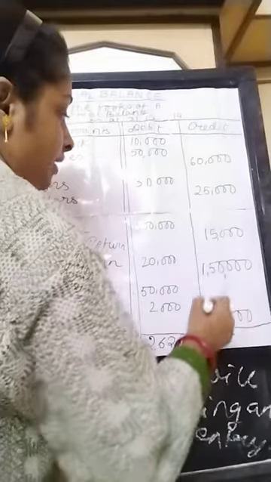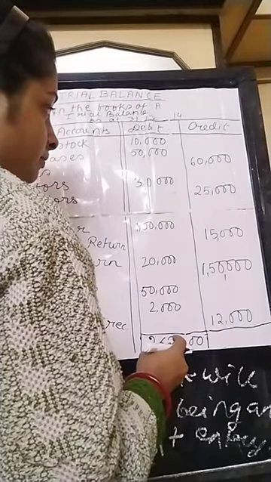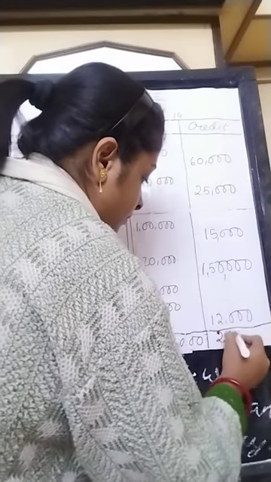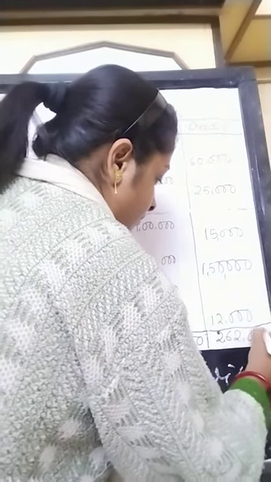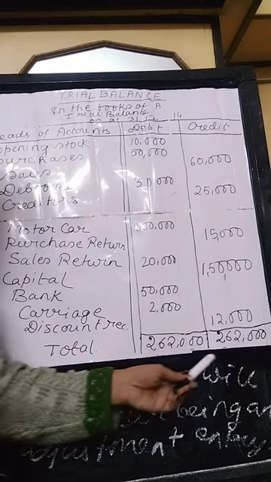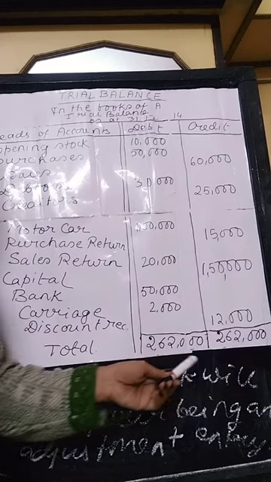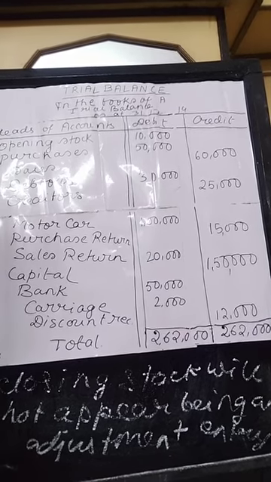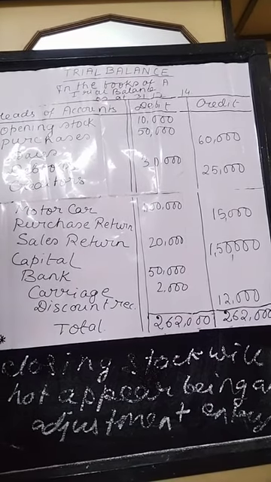It is also coming 2,62,000. So both the sides are coming 2,62,000 each. So the arithmetical accuracy of the recording is proved and the sum is right.